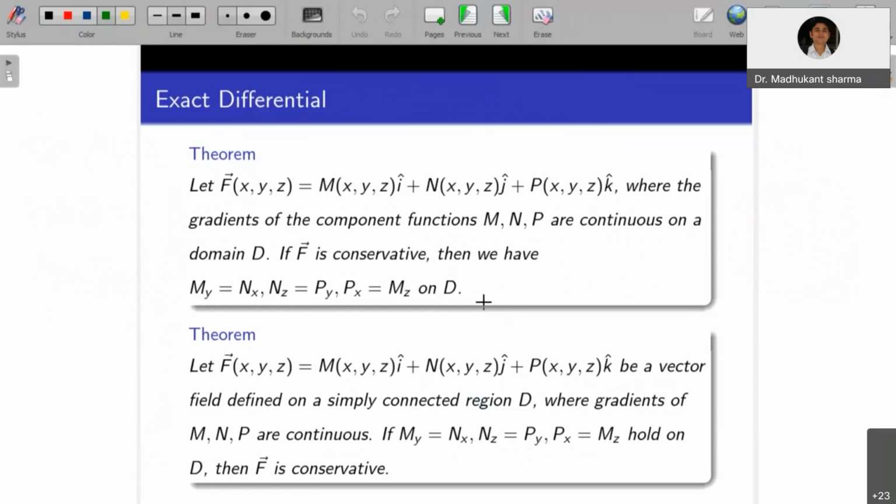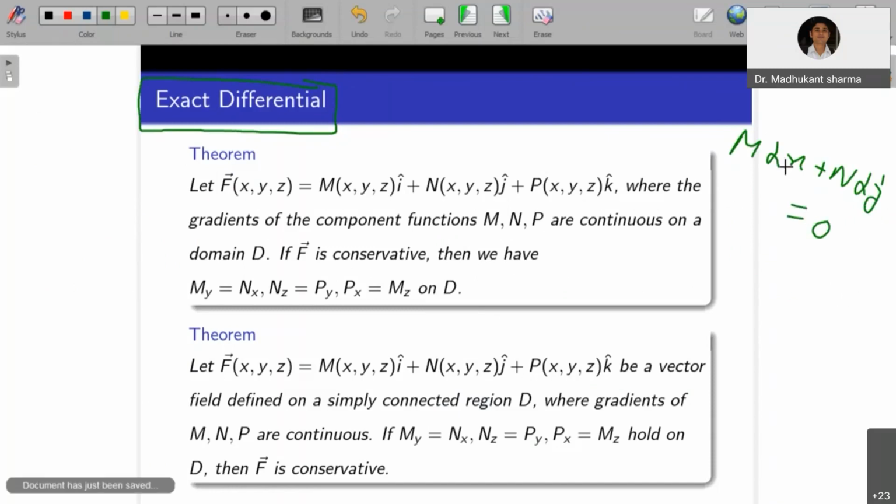Now we have heard this word somewhere, exact differential, in differential equations. Exact differential equations, M dx plus N dy. If you recall, we try to solve M dx plus N dy equals 0, and we say that this is exact if and only if dou M by dou y equals dou N by dou x.